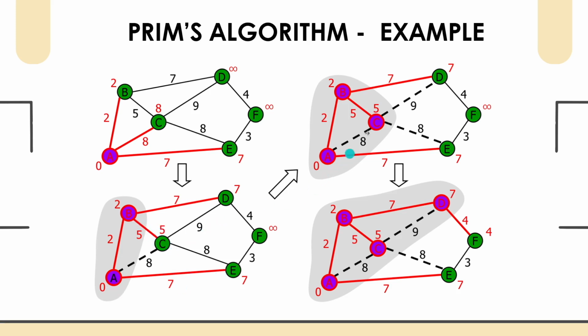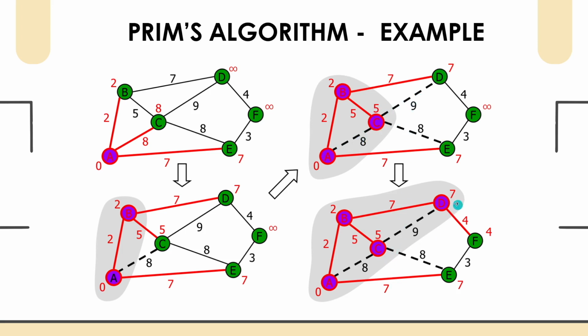And after reaching here, we have plenty of options: reach A at a cost of 8, reach E at a cost of 8, and D at a cost of 9, of which we have picked 7. So, these edges are never going to be used, and so they have been shown dotted.